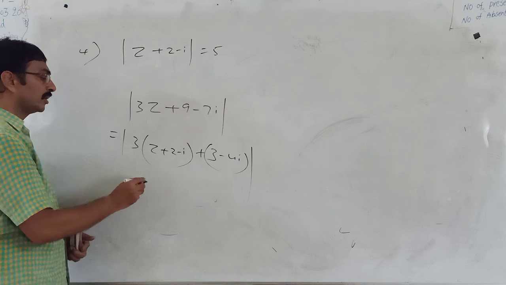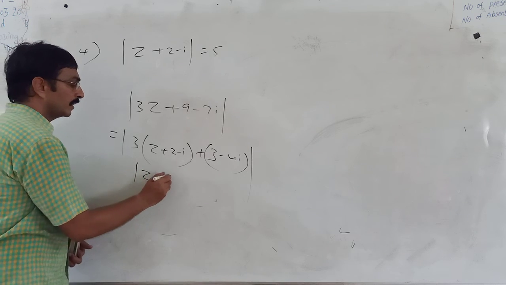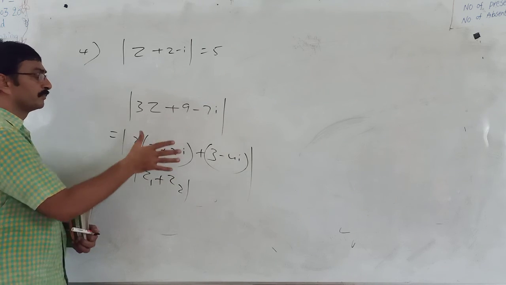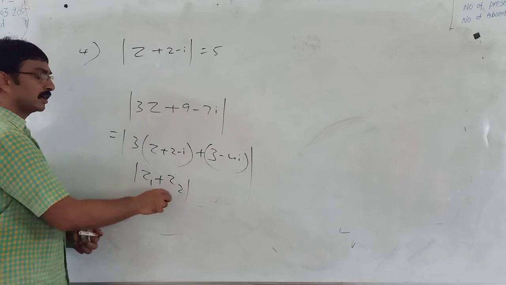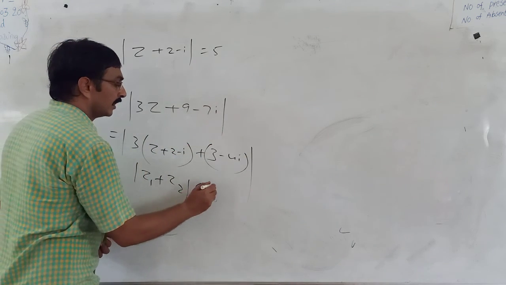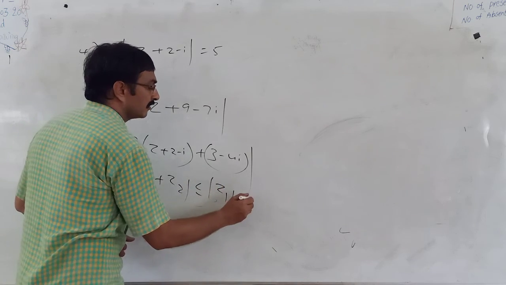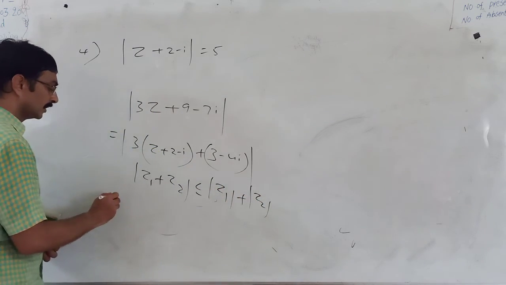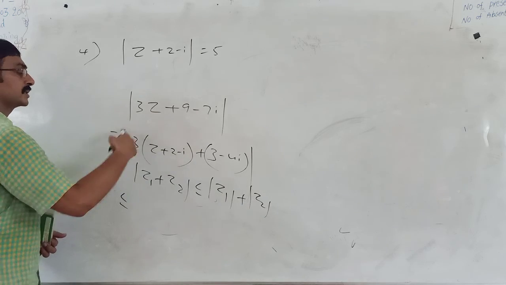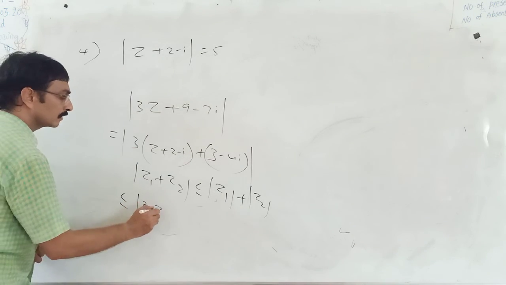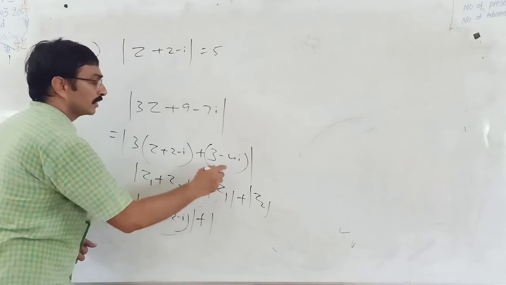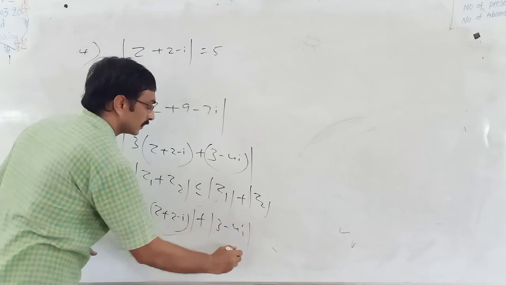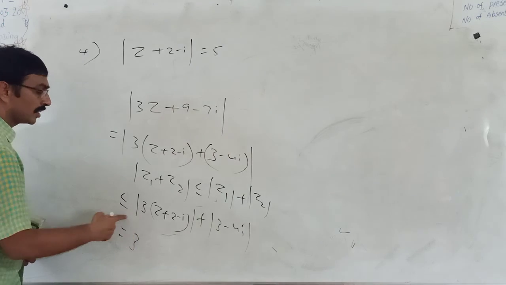Now this is in the form of modulus of z1 plus z2. This whole one is z1, this one is z2. Modulus of z1 plus z2, by the formula, is less than or equal to mod z1 plus mod z2. Less than or equal to modulus of the first one plus modulus of the second one. 3 is a constant.